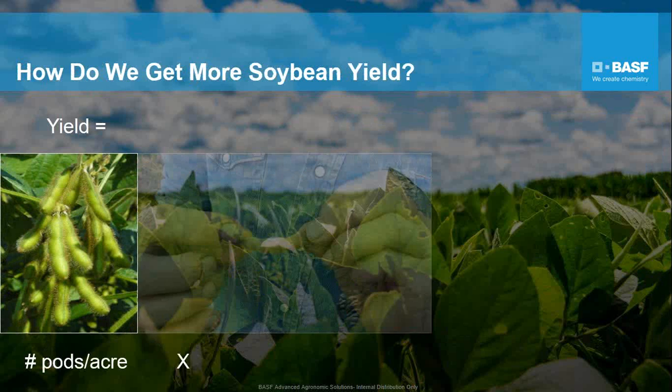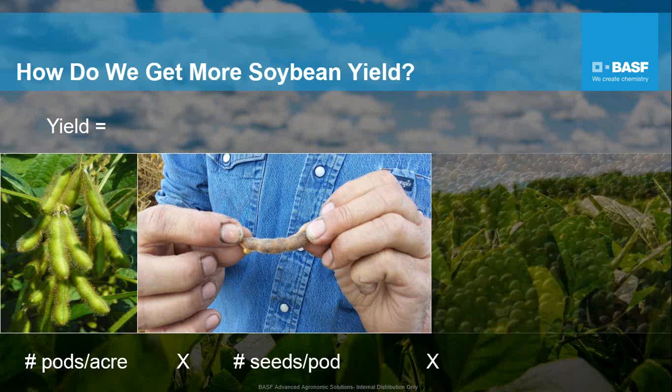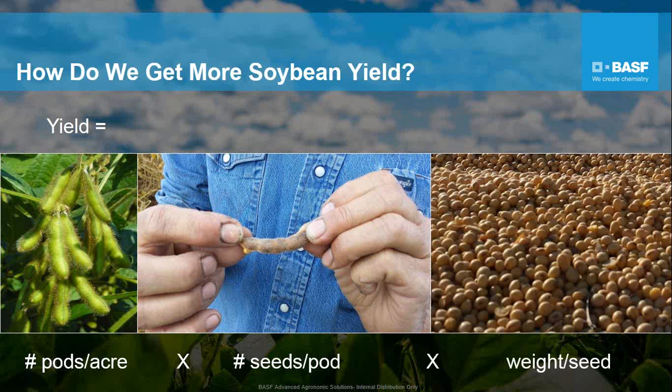So I always like to preface any discussion we have about management strategies with the idea of how do we get more soybean yield? Because the bottom line is we need to understand what things we need to influence within the plant in order to produce more yield. And specific to soybeans, there's really three things that we'd focus on.